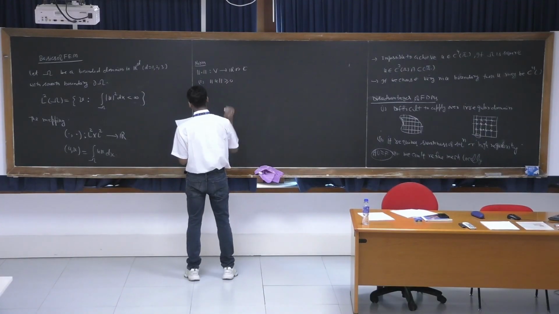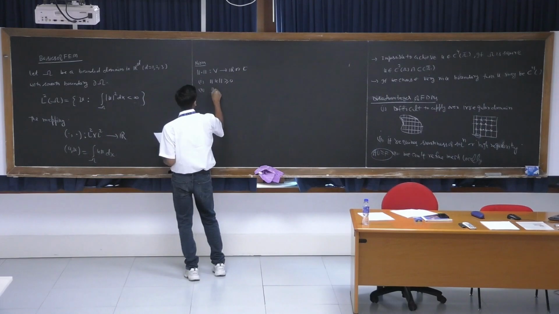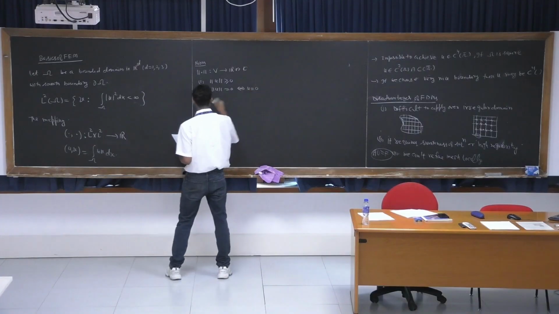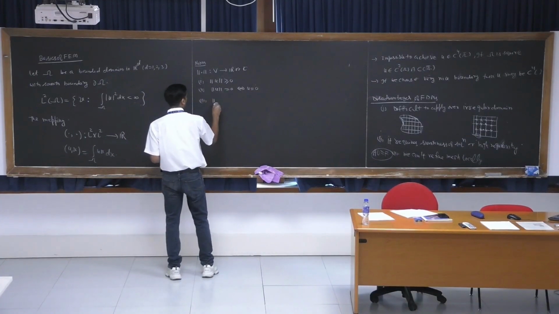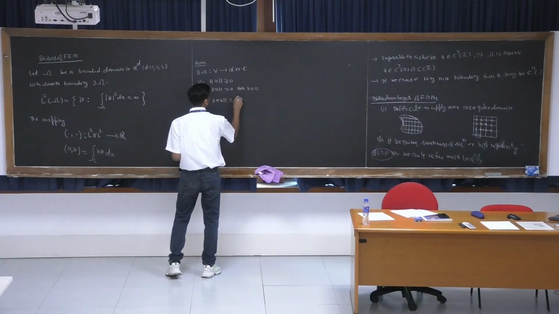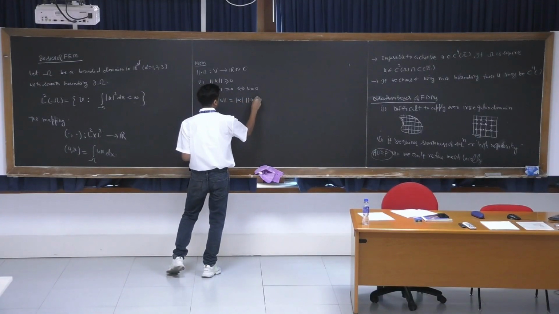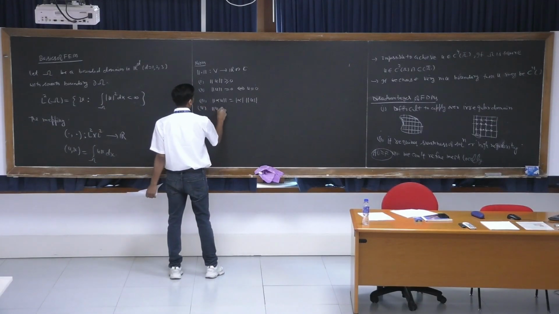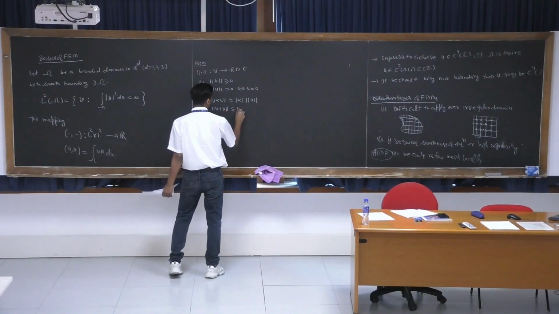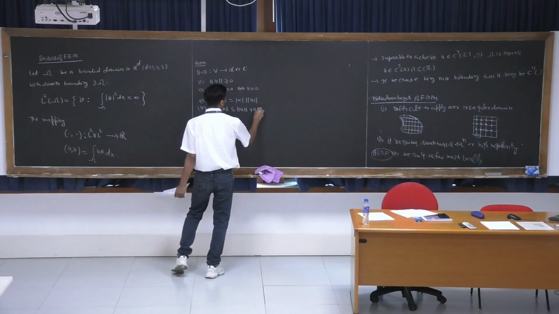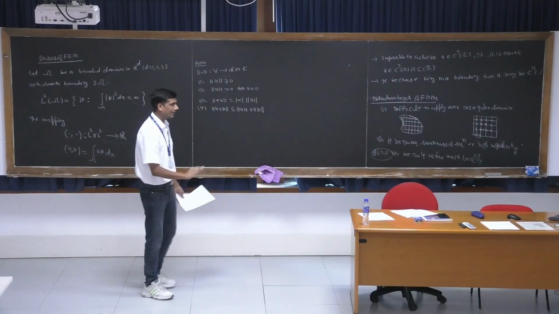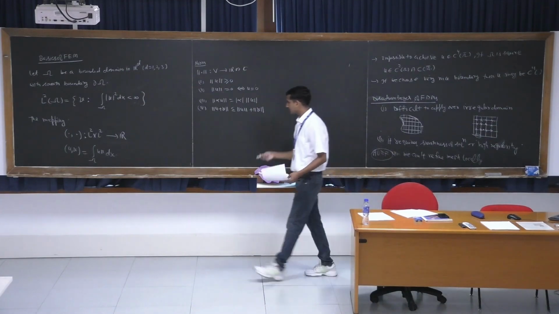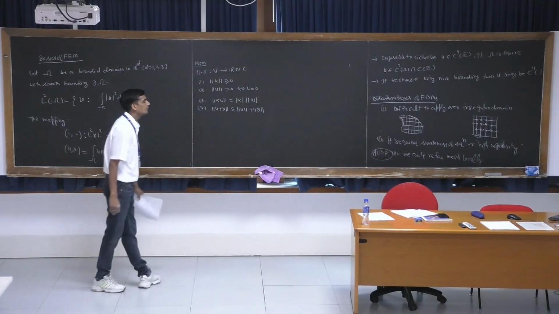First, it is always greater than or equal to 0. Second, it is equal to 0 if and only if u is equal to 0. Third, the norm of alpha u is equal to the modulus of alpha times the norm of u. And the fourth property is the triangle inequality: the norm of u plus v is less than or equal to the norm of u plus the norm of v. Because we will play with norms always in the analysis of the finite element method, it is necessary to know the definition of a norm.